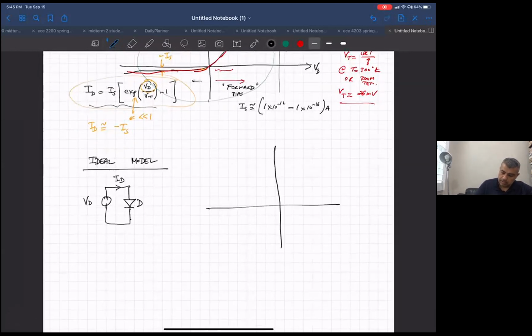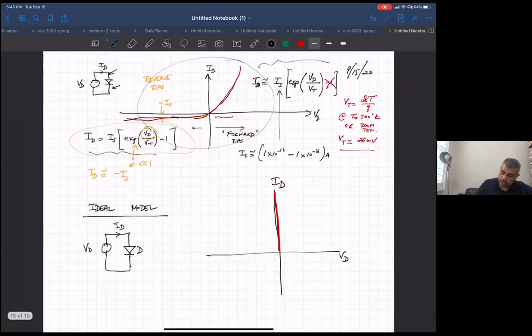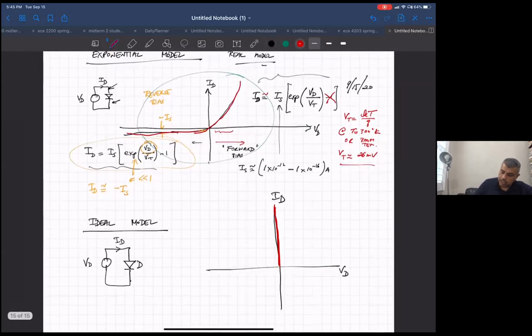Let's just pretend the diode turns on. It's the same curve, V_D and I sub D, except instead of an exponential curve, I'm just saying the resistance is 0 here.